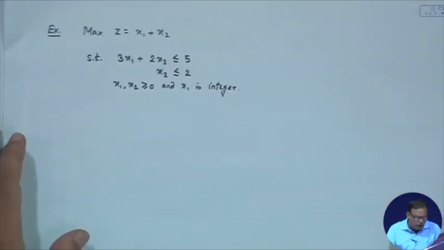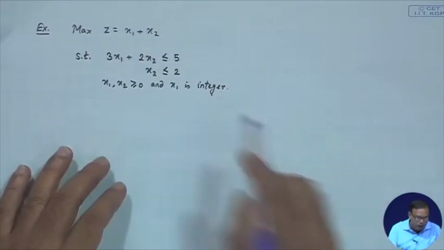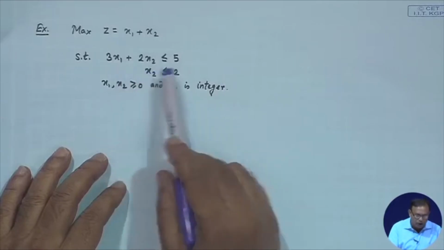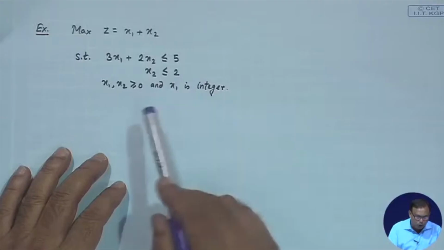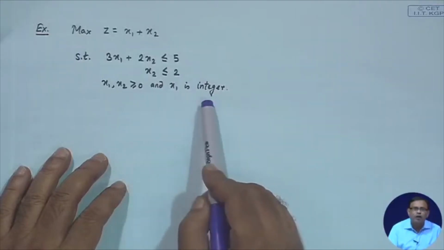So, again I am taking a simple small problem. Maximize z equals x1 plus x2 subject to 3x1 plus 2x2 less than equals 5, x2 less than equals 2, x1, x2 greater than equals 0, x1 is an integer.